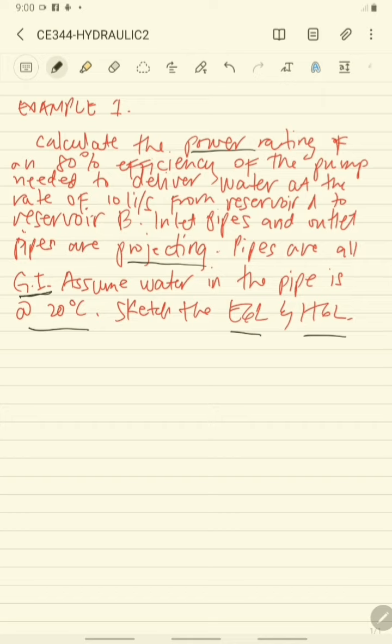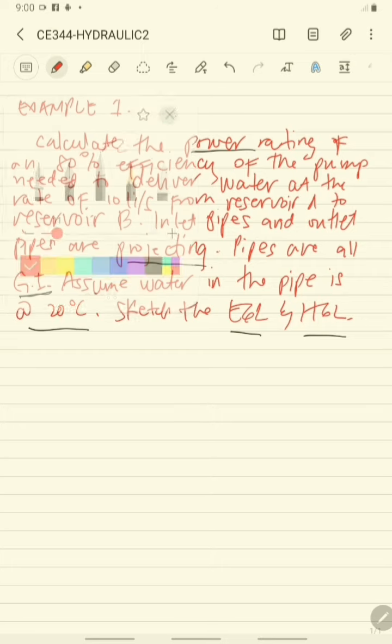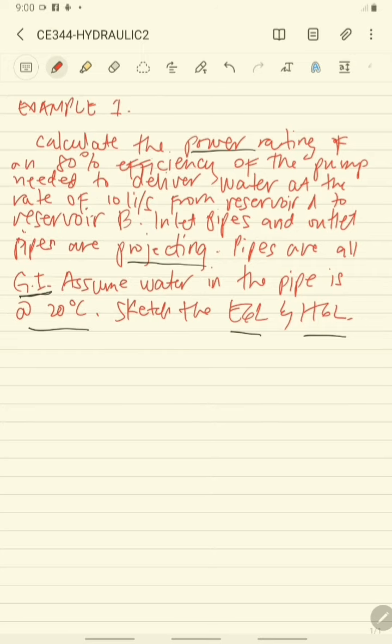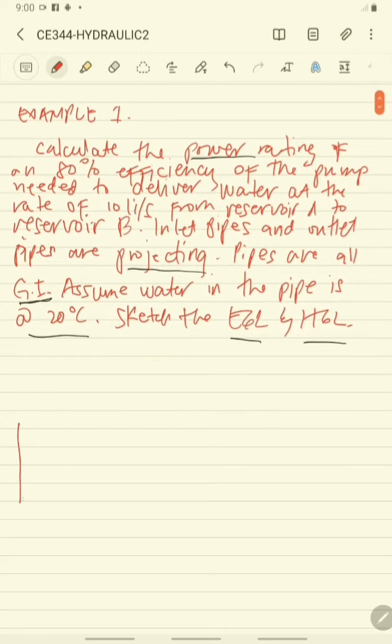Okay, so first we have to illustrate the problem. So here, you have reservoir A. Then it is said that the inlet pipes and outlet pipes are projecting.